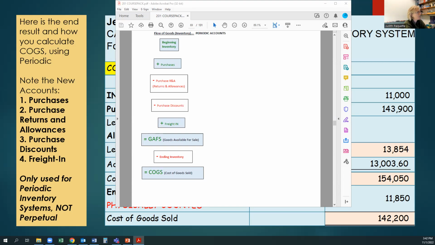Then we have purchase returns or allowances, and that decreases the cost of inventory. Then we have purchase discounts. That also decreases the cost of inventory. And then we have freight in.